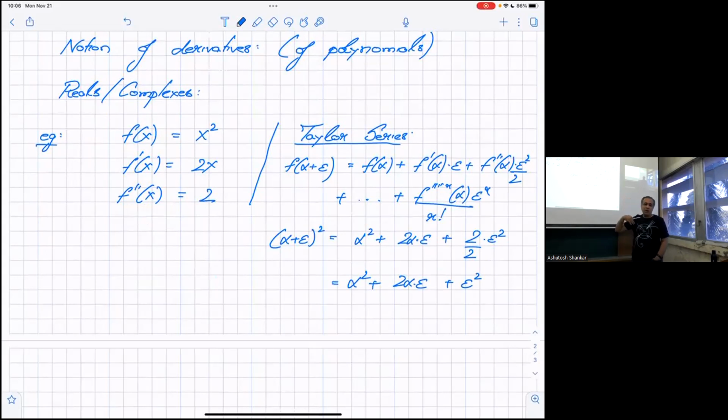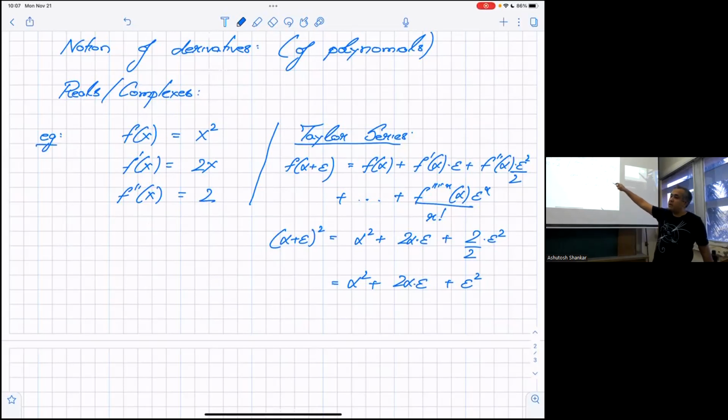Now you could ask, can I define derivatives the same way in a finite field? Say for x squared, its first derivative is 2x, and its second derivative is 2. Let's see what happens if we do this over a field of characteristic 2, a GF2 field.